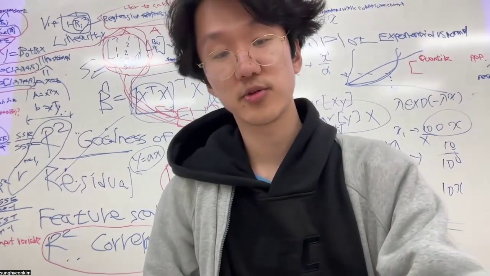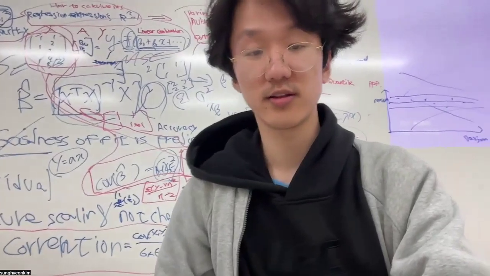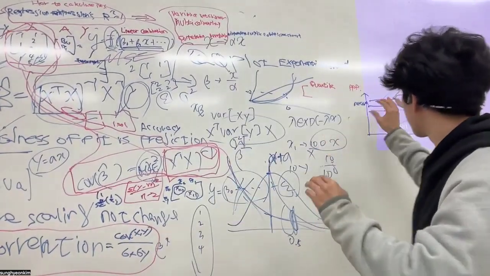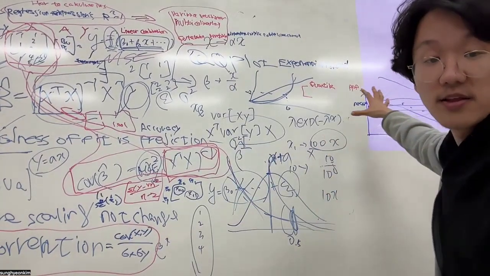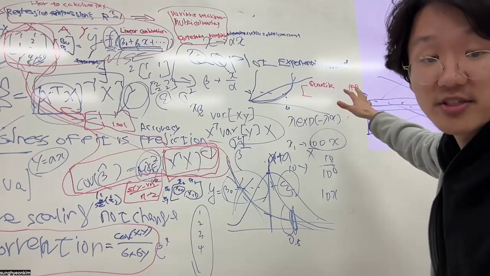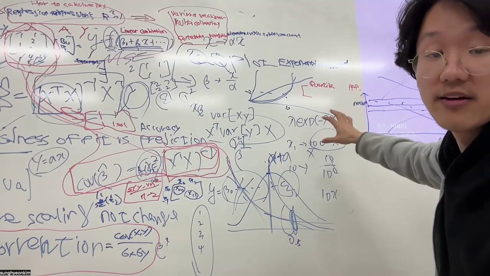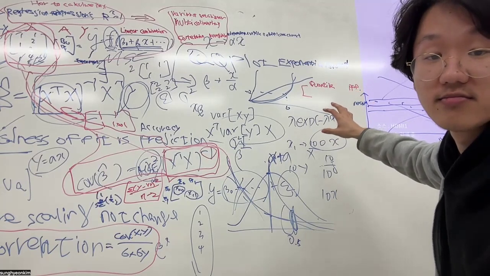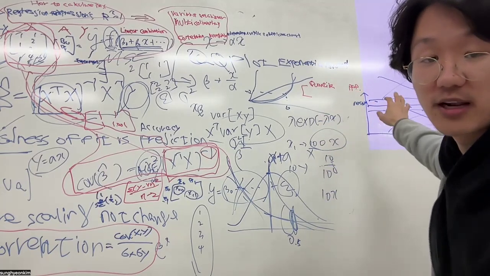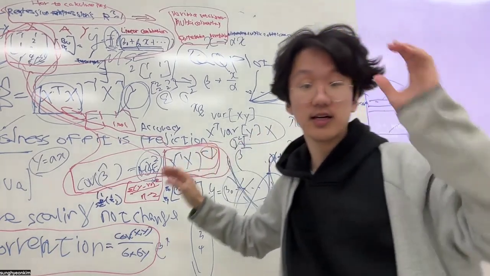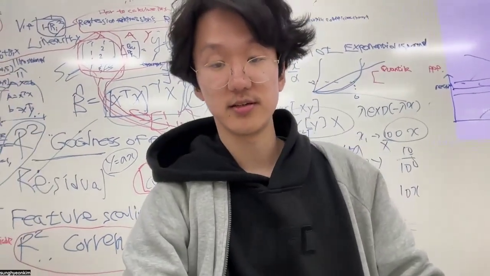Based on the residual plot, if it gets larger later, then we can say it is unbiased but heteroscedastic. And if it's like y equals x, then we can say it's biased and homoscedastic.